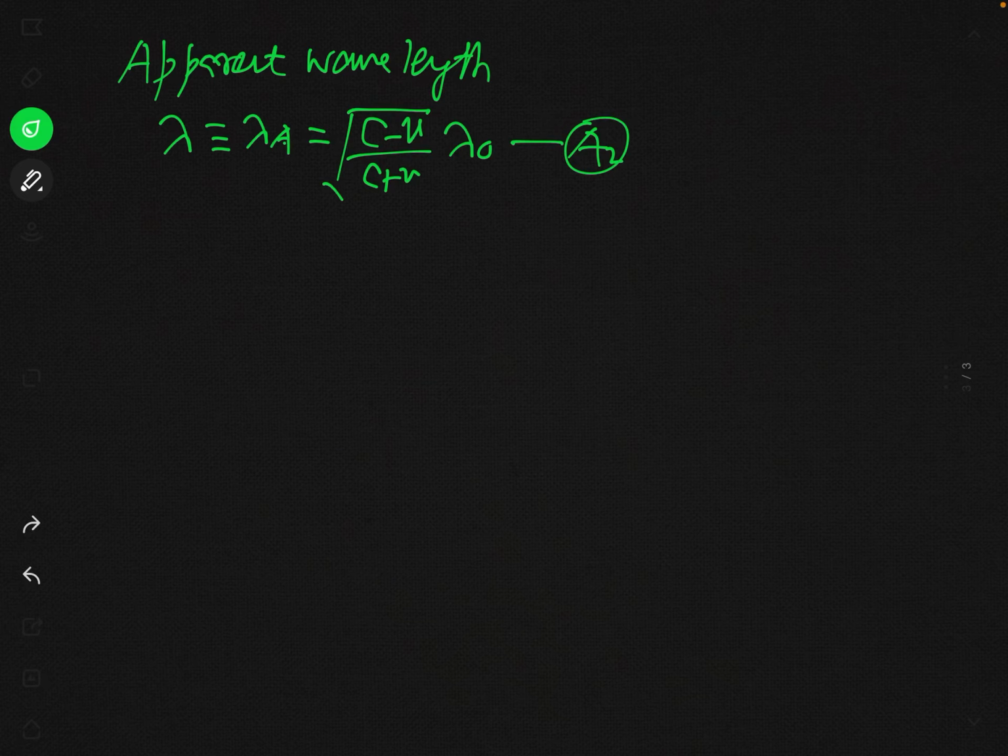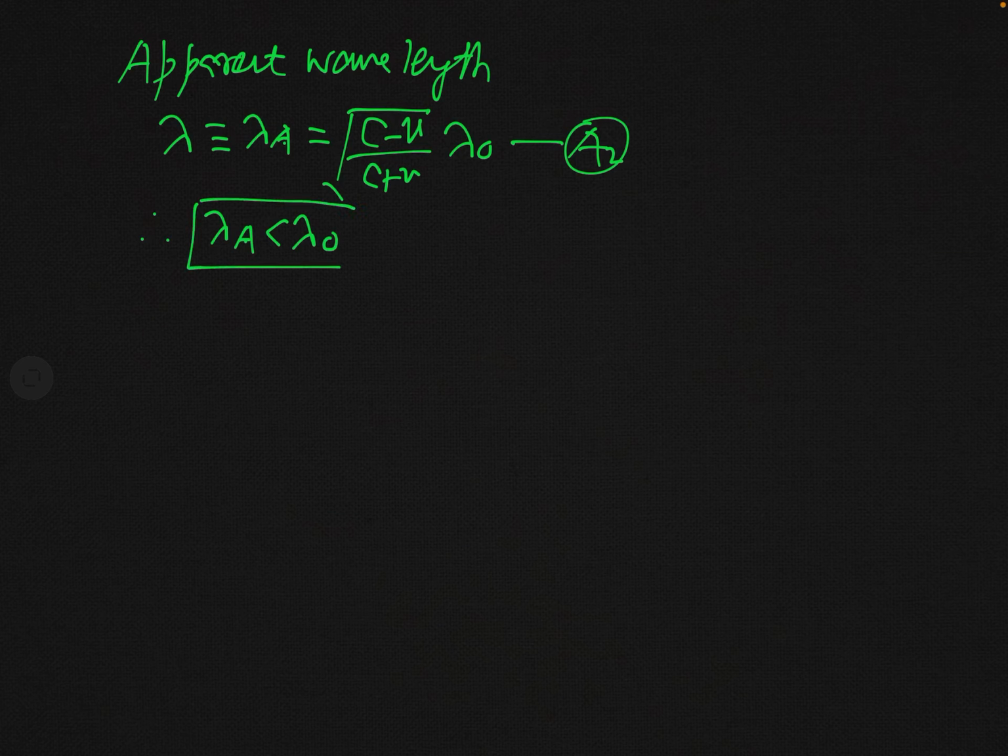So you can see here that nu A is greater and lambda A will be smaller. So it can be easily seen that lambda A is smaller than lambda naught. So this is the expression for the apparent frequency and apparent wavelength in case of longitudinal Doppler effect.